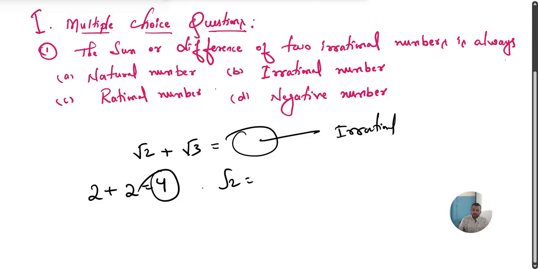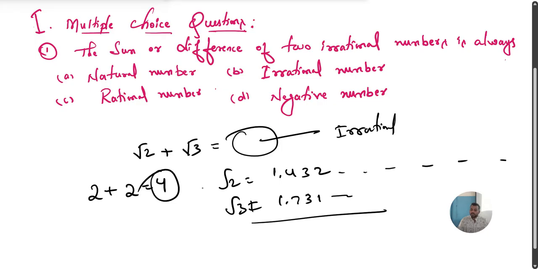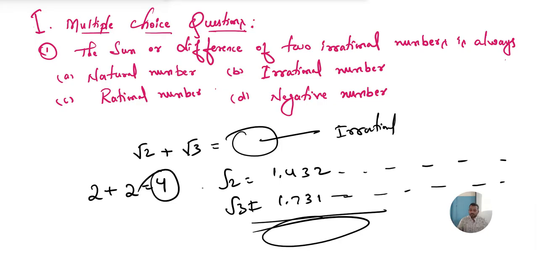Root 2 has a value something like 1.432. Root 3 has a value like 1.7231 something. If you add these both, so many digits keep coming. Will you get a precise answer here? No. It means that whenever we add two irrational numbers, the answer is also irrational.